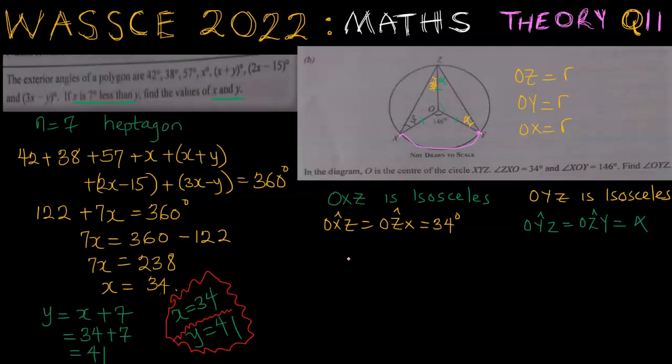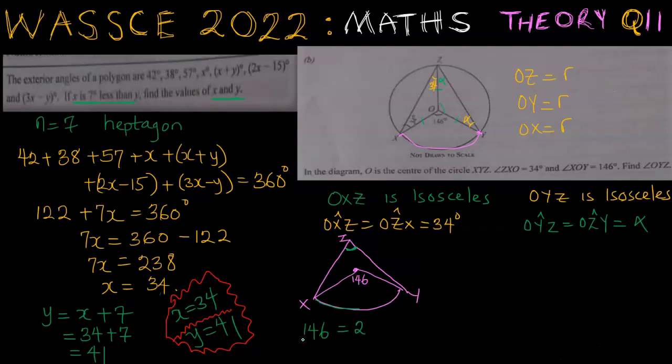This is the arc XY right here. Now it subtends this angle 146 at the center. This same arc subtends another angle here at the circumference. Now the relationship between these two angles is that the angle at the center is always twice that which it subtends at the circumference.